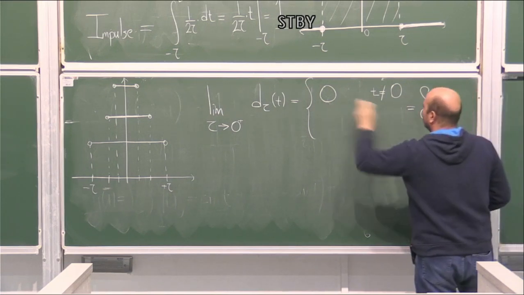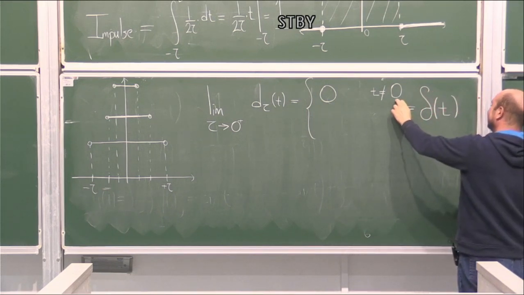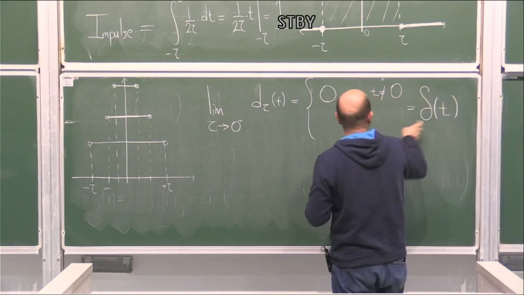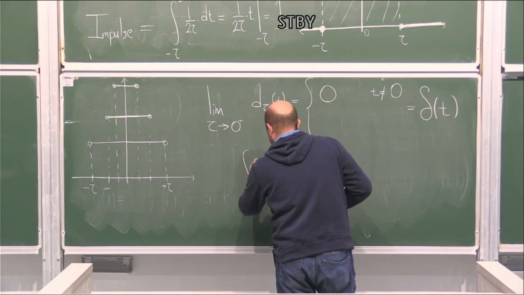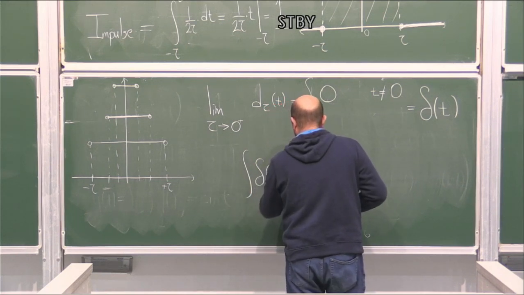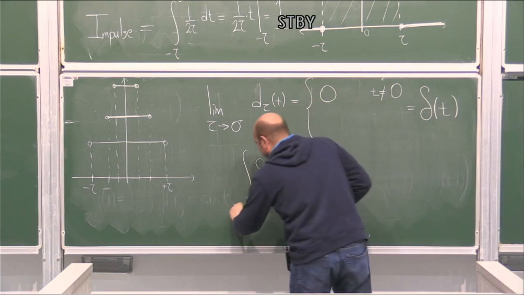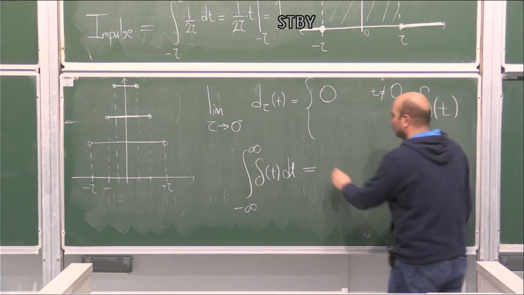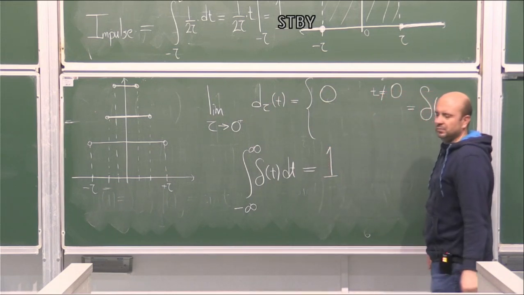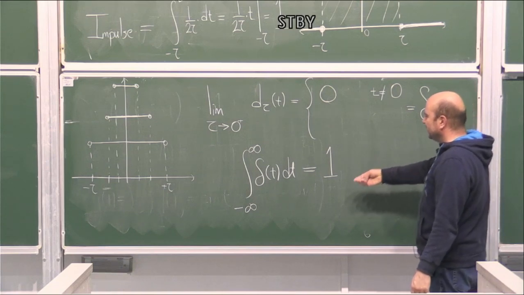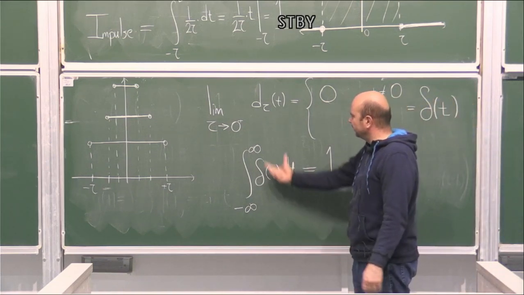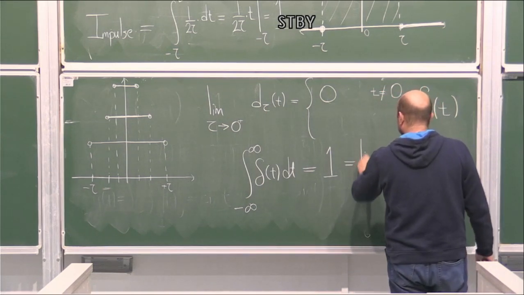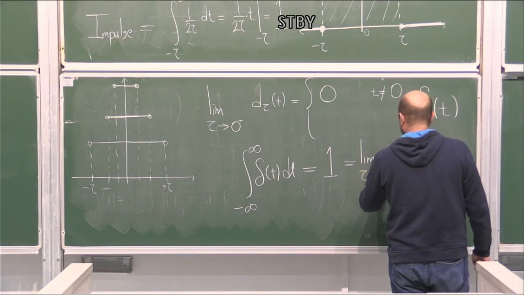It is everywhere 0 except at 0 here, but if you integrate this, you get 1. How do you know? Because this is the limit of these things. So you can see it in the following way: limit as tau goes to 0.